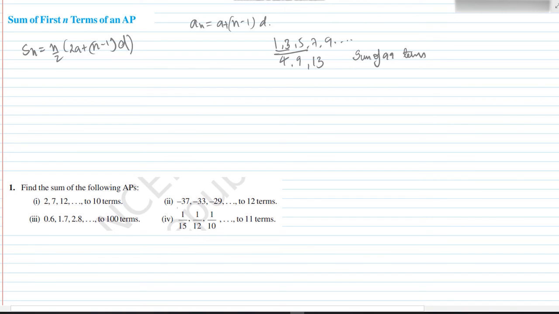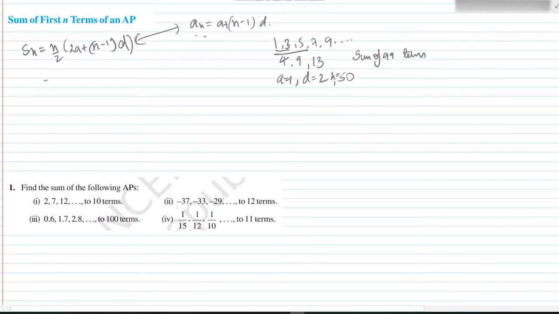Okay, you have to remember both these formulas. This whole chapter is based on these two formulas. So suppose I ask the sum of 50 terms, here our a is 1 and d is 2, so n is 50. So a is given, d is given.